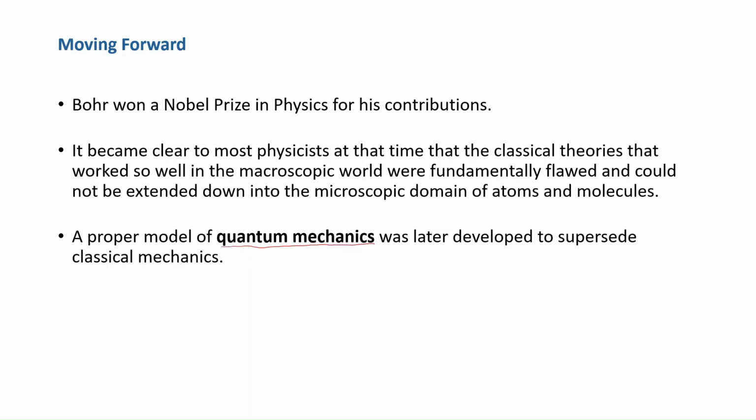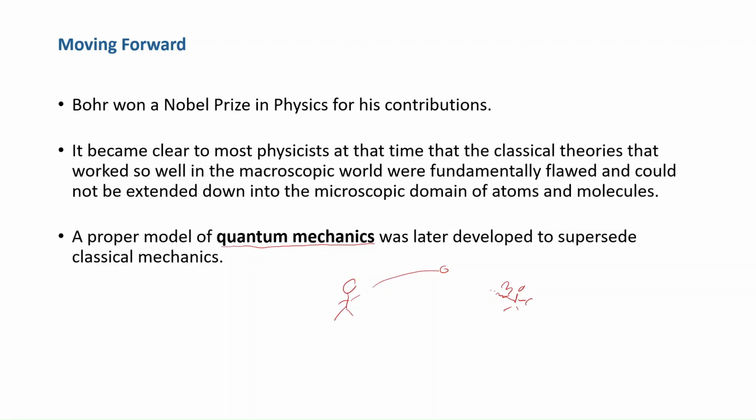To give you an example, what's the difference between classical mechanics versus quantum mechanics? If you're throwing a baseball, you have a boy here, and he's throwing a baseball. The catcher will be here to catch. He can see, he can predict where the baseball is going, and he can go to the right place and catch it, right?